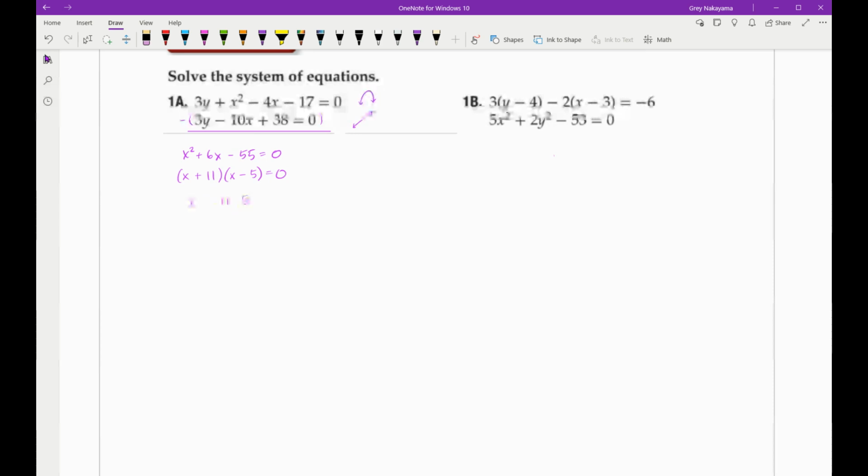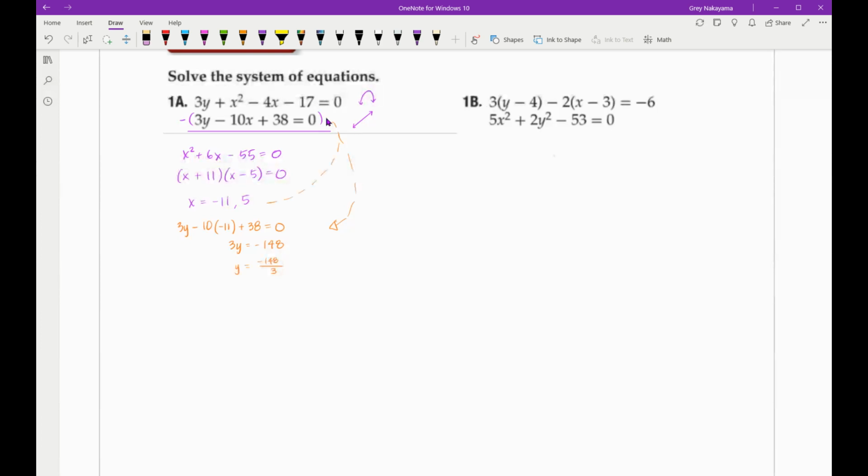Then I'm going to take each of those values, and you can put it into either equation, y'all, but I would pick the one that is less complicated. So I'm going to plug it into that bottom one. The first time, I'm going to have negative 3y minus 10 times something. I'm plugging in negative 11 plus 38, and that's going to give us 3y equals negative 148, and y equals negative 148 over 3.